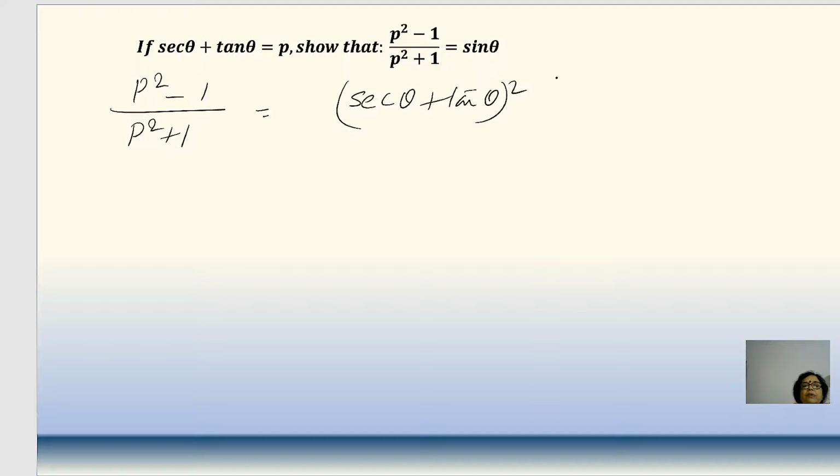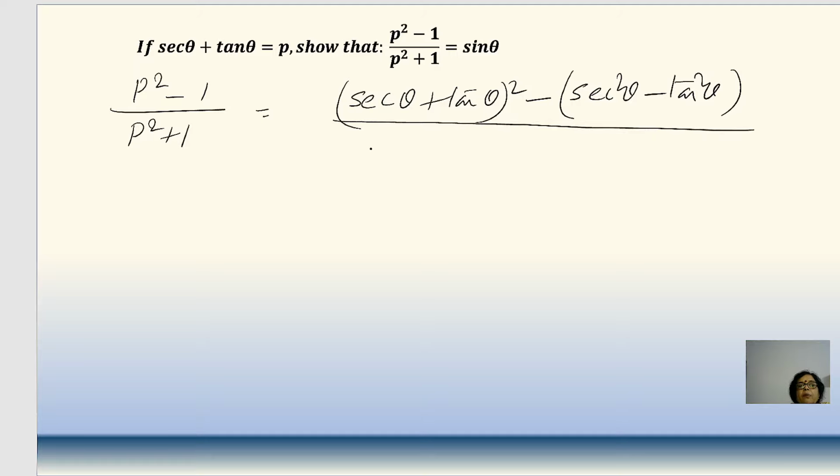And here in this question, we will be replacing both the numerator and the denominator with sec square theta minus tan square theta. Keep this in the bracket so that there is no error in the sign. Denominator will be sec theta plus tan theta whole square plus sec square theta minus tan square theta.